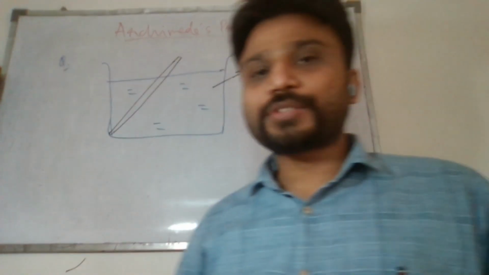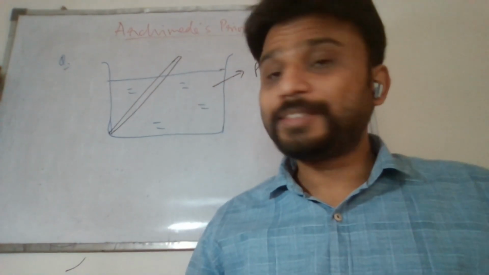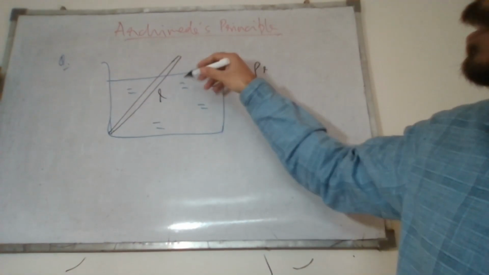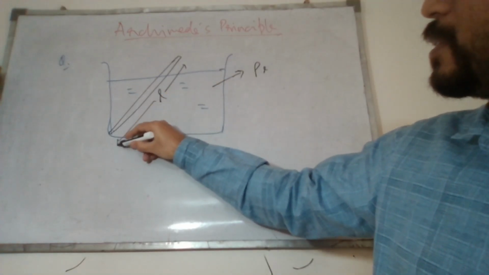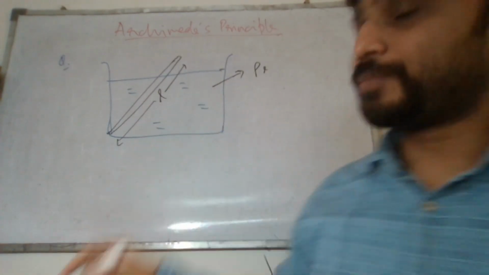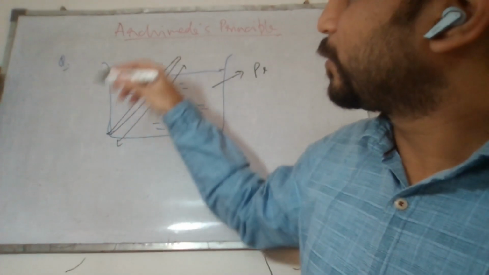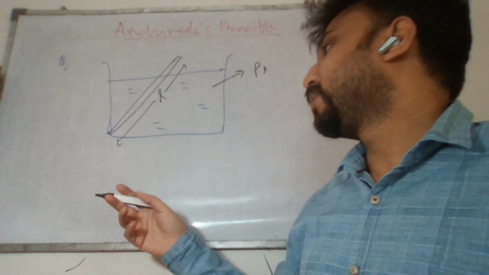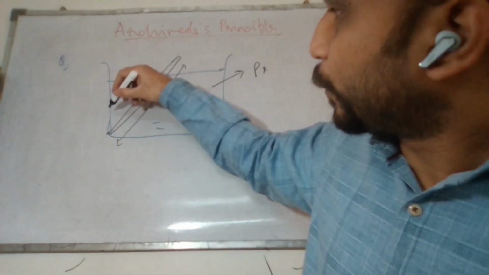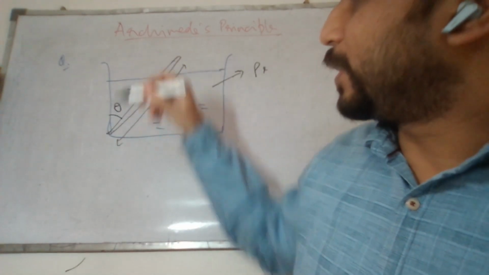So the question which is asked from us is, okay, if this rod of length L is, let's say, kept like this inside this water bucket, what angle would this rod make with the vertical?